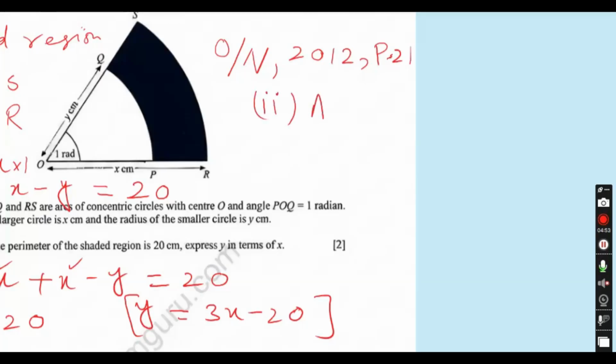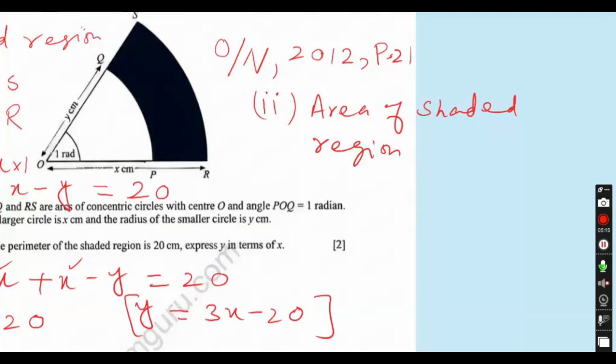How to find the area of shaded region? So the logic is we have to find the area of the whole diagram first.